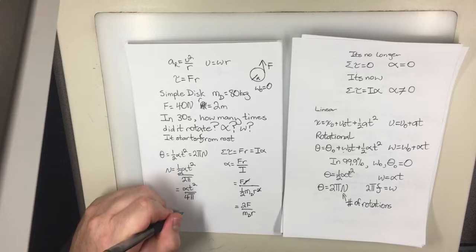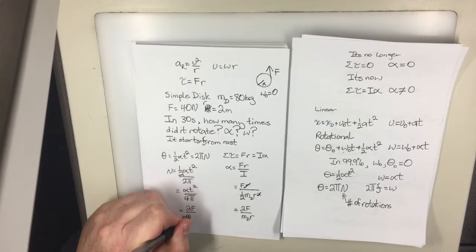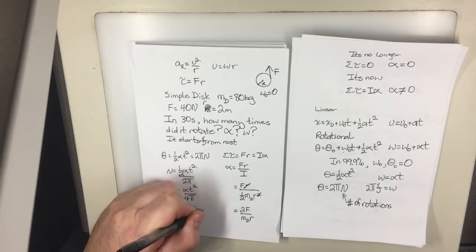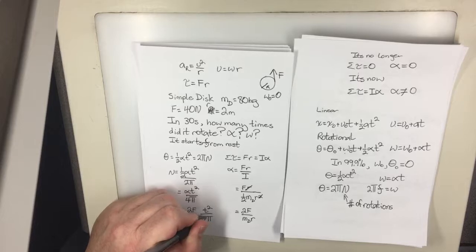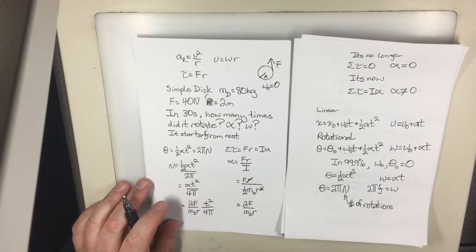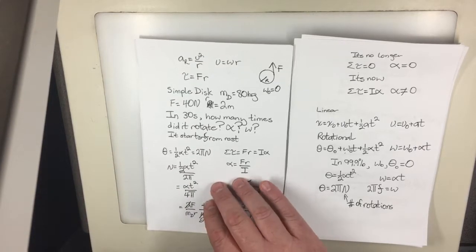That makes this 2F over m_d R, t squared over 4 pi. So one of those cancels with that to leave me with a 2.